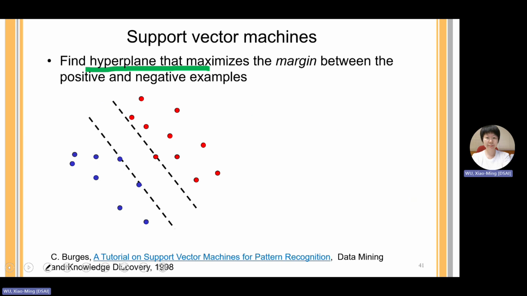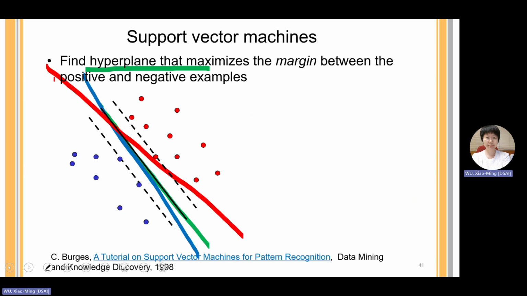What do we mean by the best hyperplane? The best hyperplane is the hyperplane that generalizes best on test data. For example, given the two classes, this one is the best hyperplane. The green one is better than the blue one, and it's also better than the red one. Why is the green one better?